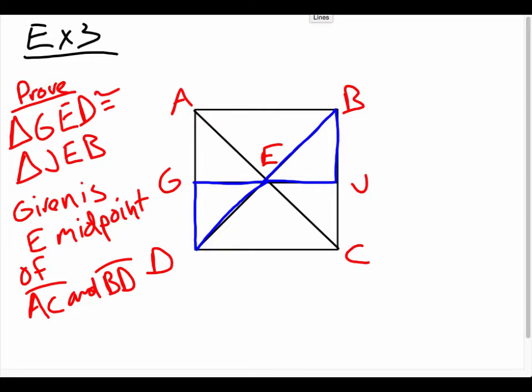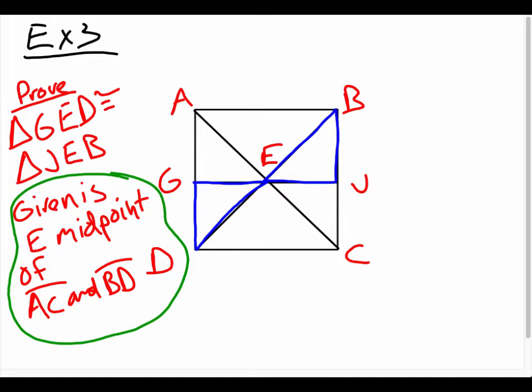I'm going to start with the stuff that's given to us. What's given to us is that E is the midpoint of AC and BD. So if it's the midpoint of AC and BD, what I have is that this is congruent to this line segment by definition of what the midpoint is. If E is the midpoint of BD, then it divides it into 2 congruent parts.